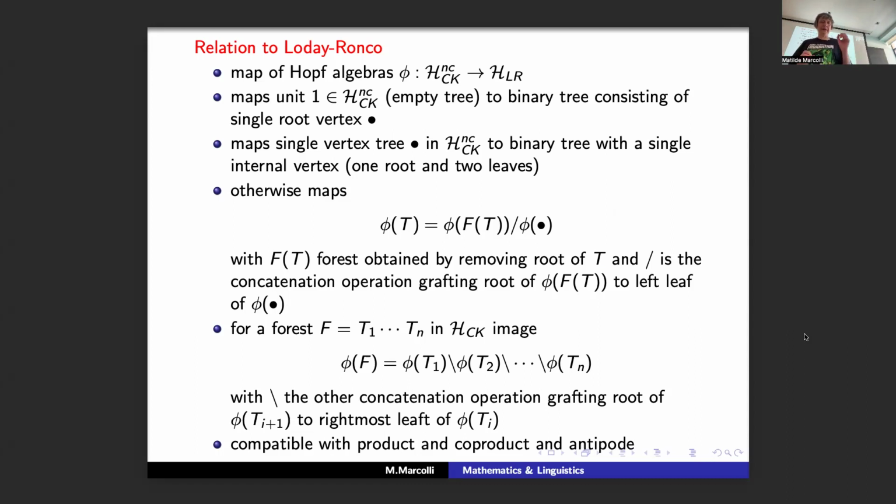involved, but you build the map inductively on the size of your trees. So you start by taking this Connes-Kreimer algebra of rooted trees, which has as unit the empty tree.